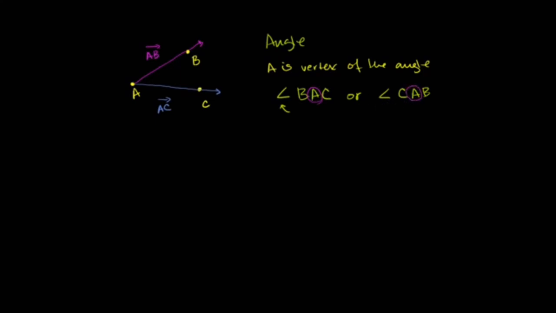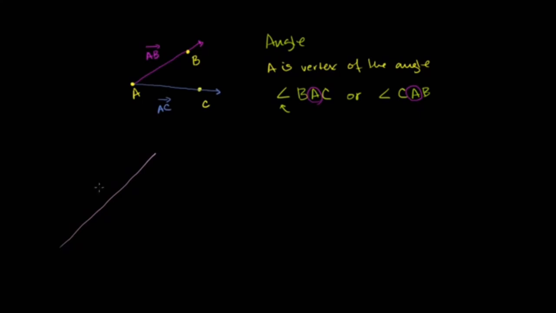Now you might be saying, why go through the trouble of listing all three of these letters? Why can't I just call this angle A? To see that, let me show you another diagram. Although the geometric definition of an angle involves two rays that have the same vertex, in practice you're going to see many angles made up of lines and line segments. You could imagine continuing those line segments on in one direction, and then they would become rays, so they're consistent with this definition.